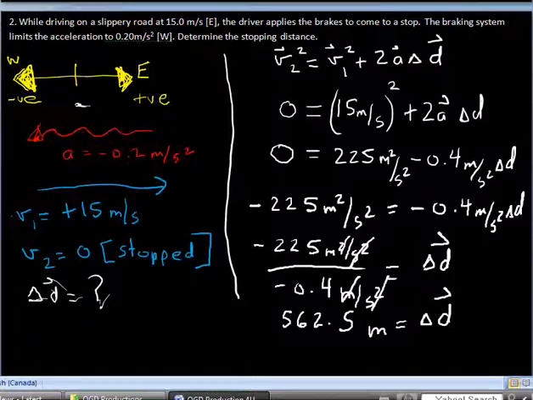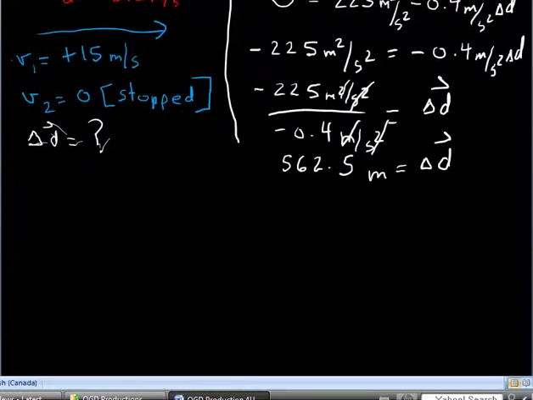Well, let's just look at our answer for a minute and see what it means. It's positive. Well, what does positive mean? Positive means it was going east. The units worked out, so that makes me think I've done it right. If I were to say this to 3 significant digits, remember we always round to the even number.